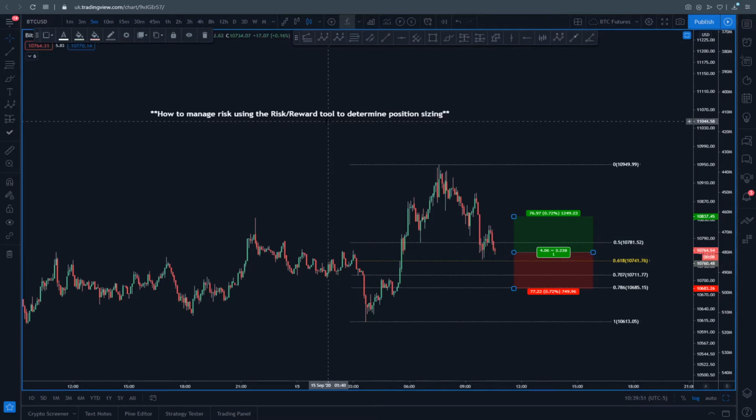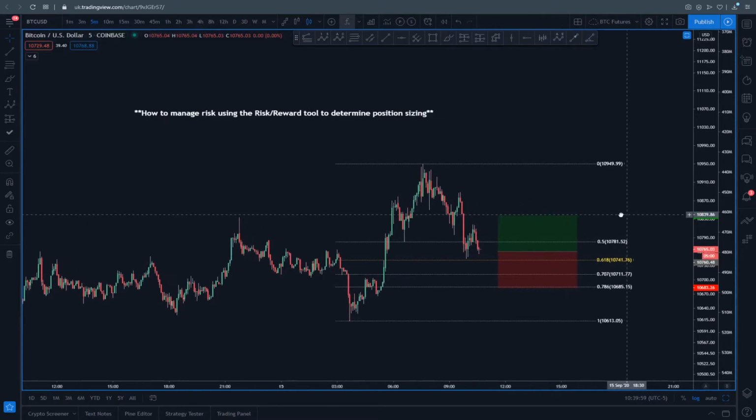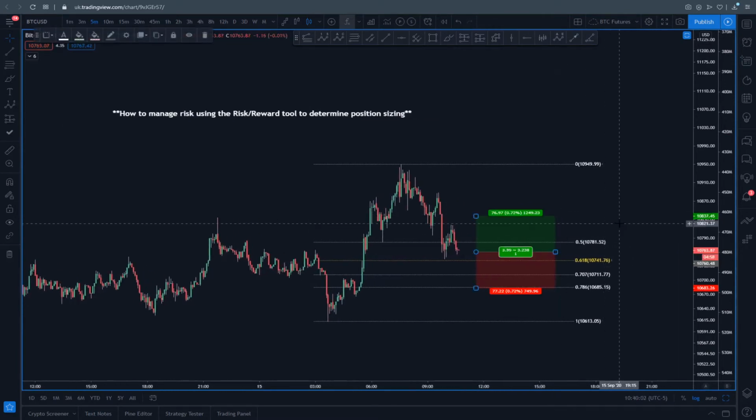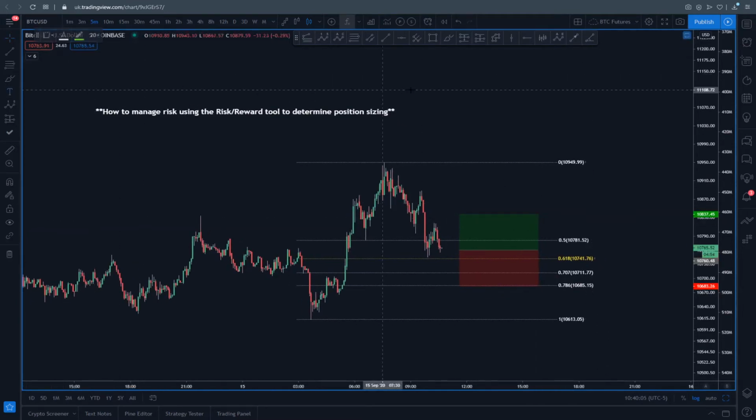Now the important part here is the position sizing. So let's say that I'm willing to risk 1% of my account balance on a loss. Let me just write this out.